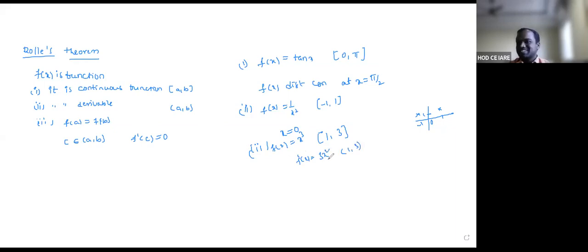Now f of 1 is 1. Next, f of 3 is equal to 3 cube, that is equal to 27. Is the third condition satisfied?